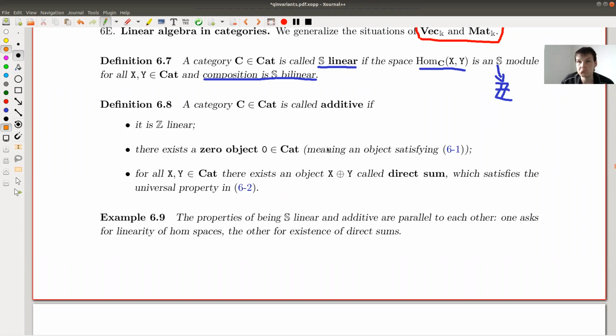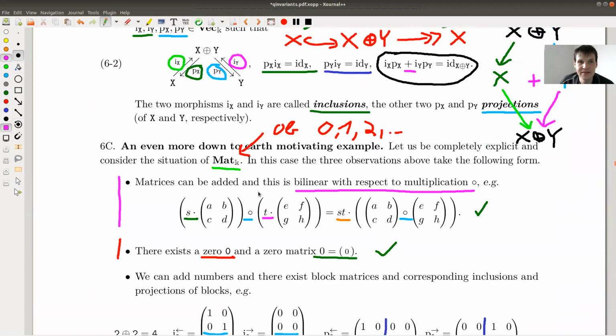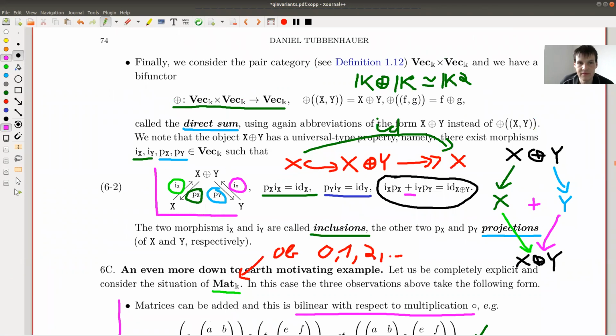Good. So vector spaces are K-linear, K-vector spaces are K-linear. And I call something additive if the minimum requirement is that it is Z-linear, so hom spaces form abelian groups. It's exactly what I've done above. There's a zero object, and there's a direct sum, which satisfies this condition here. This is already written in a general sense, and this is a universal property.